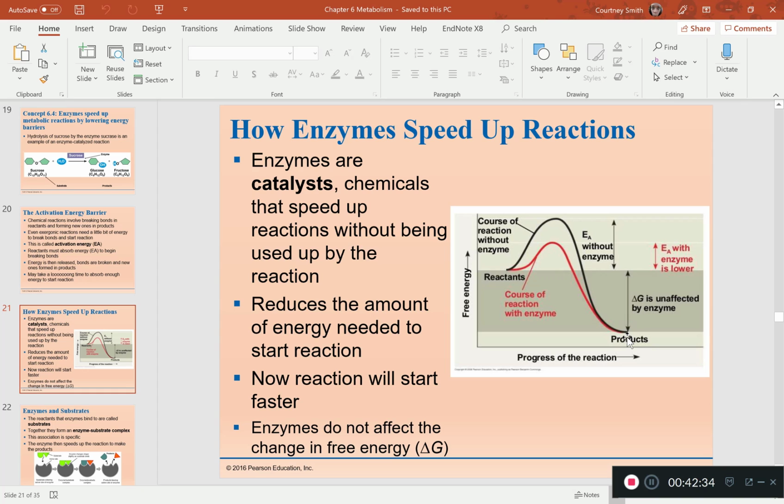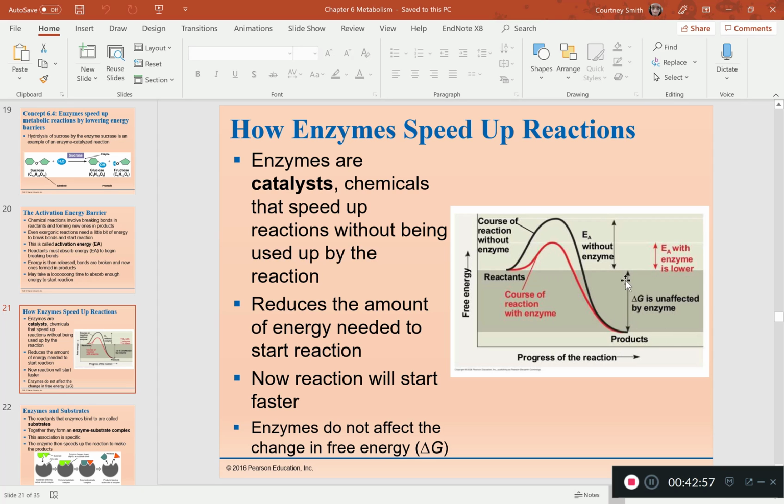On your study guide, I believe I did put this graph on there. I definitely want you to be able to interpret it. Meaning, what is an enzyme, what's the purpose of it, and the fact that it doesn't alter your Gibbs free energy.